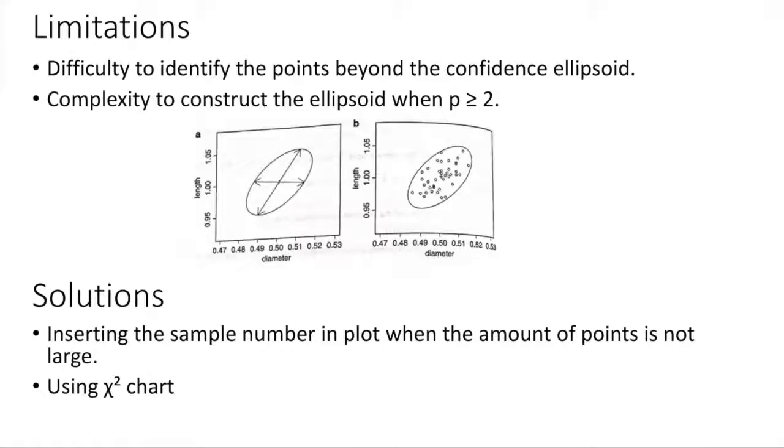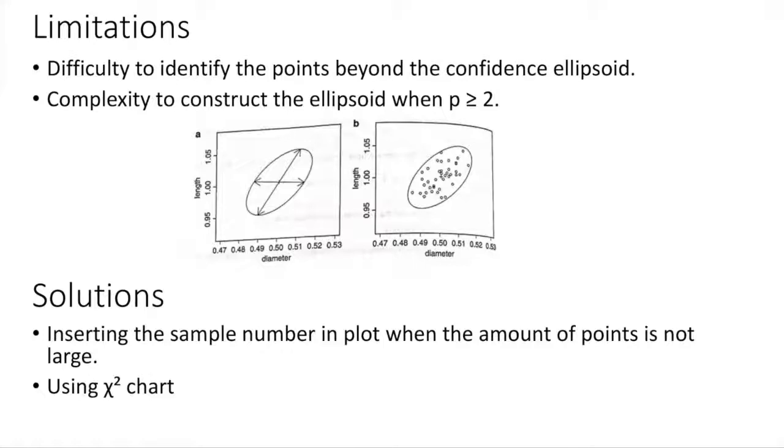After computing those, we compute the eigenvalues and eigenvectors, from which we can make an ellipse, and the direction of the ellipsoid axes is given by the eigenvectors. So these two charts display two types of ellipses. The first one is the confidence ellipse with the axes, and the second one is a scatter plot.